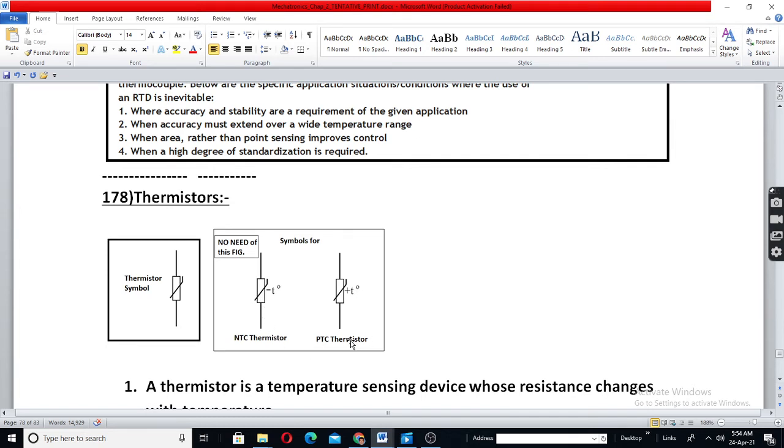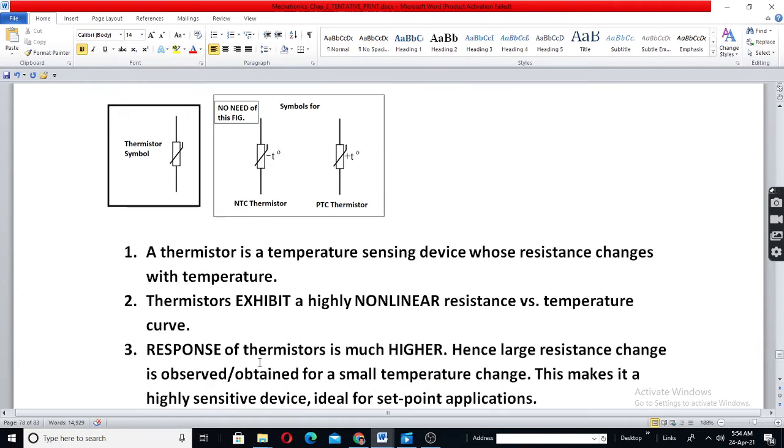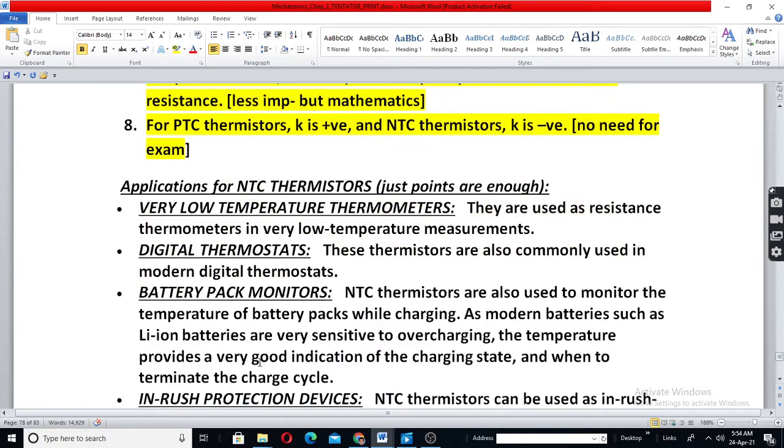PTC means its resistance increases with temperature. NTC means its resistance decreases with respect to temperature. When temperature increases, its resistance decreases. Most of the thermistors are NTC type. So very simple.